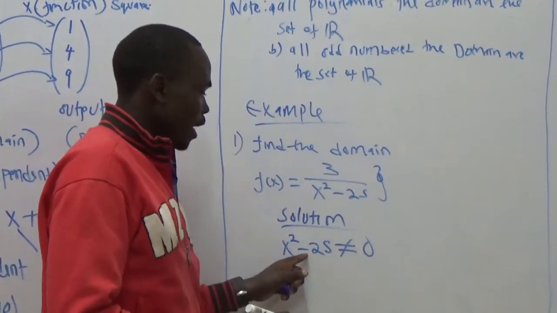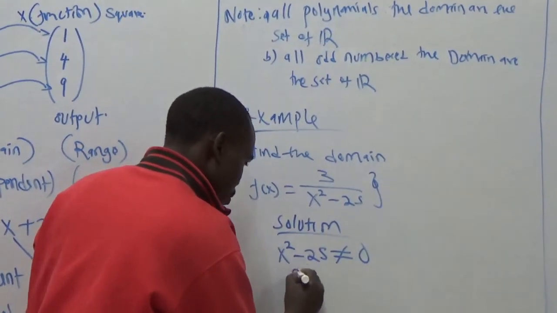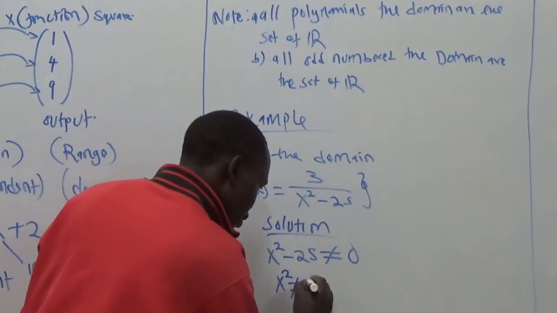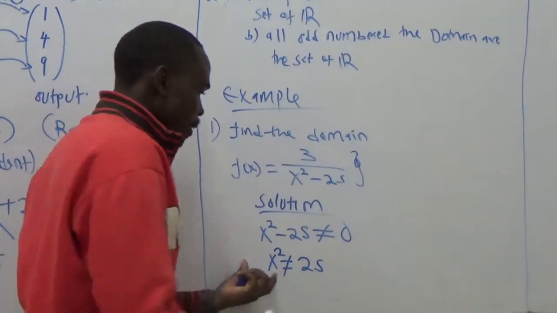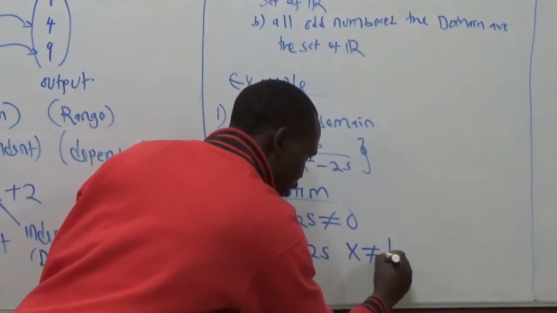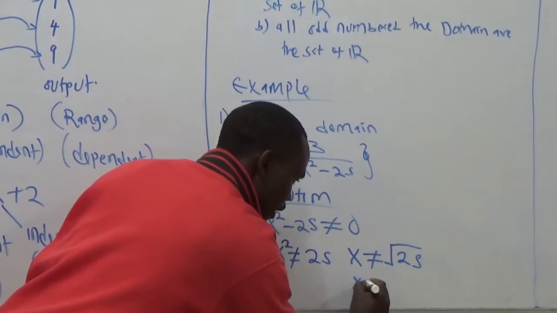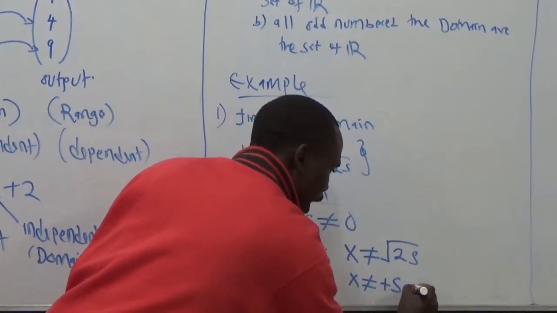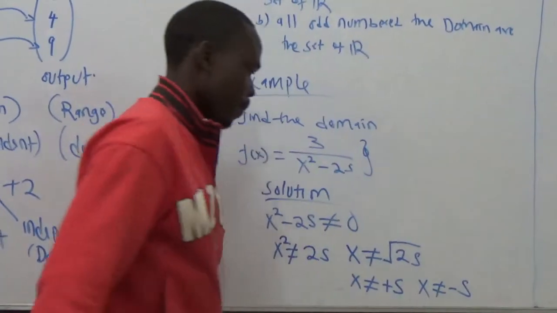Negative 25 crosses to the other side, so x squared is not equal to 25. This is the same as x not equal to the root of 25, meaning x is not equal to positive 5 and x is not equal to negative 5.